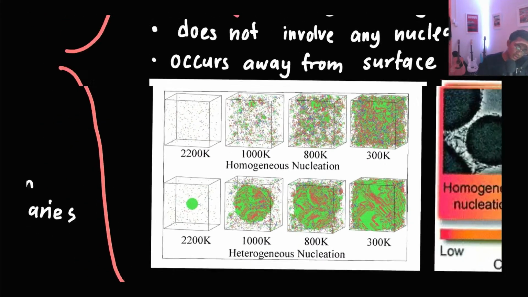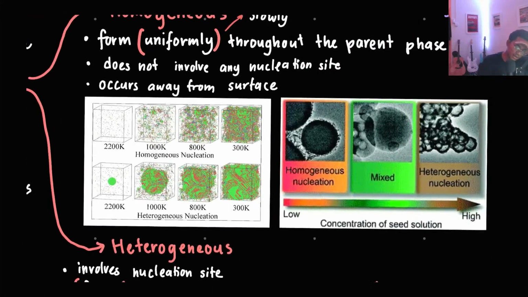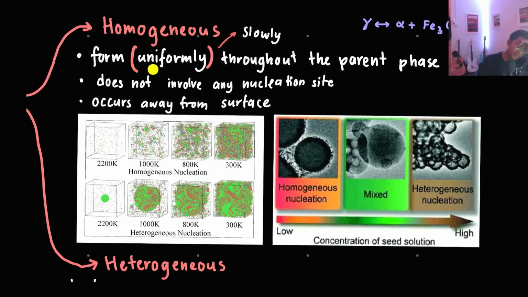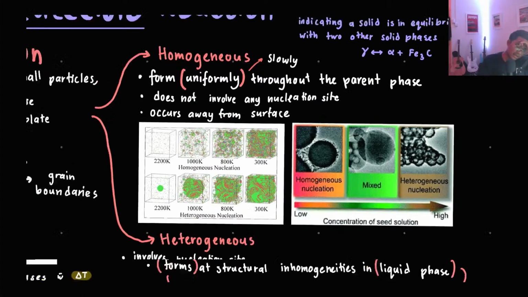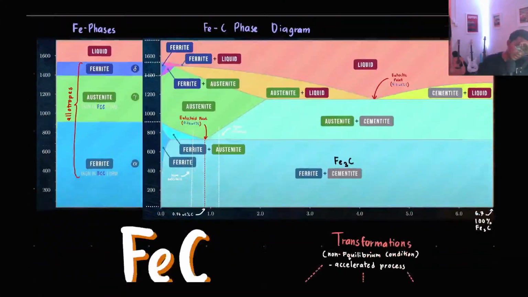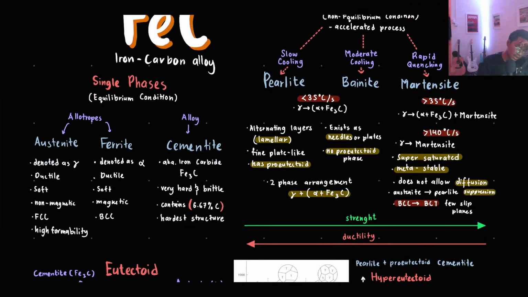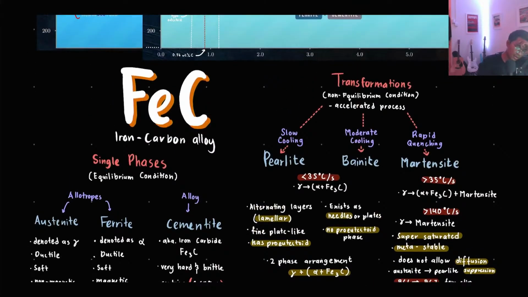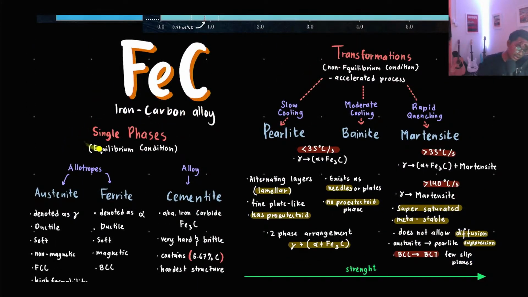So homogeneous nucleation, let's see what it means. It means it forms uniformly throughout the parent phase. What does the parent phase mean? It means whether it's in austenite or ferrite or cementite. We'll touch on this later. These are the single phases of iron carbon alloy: austenite, ferrite, cementite.